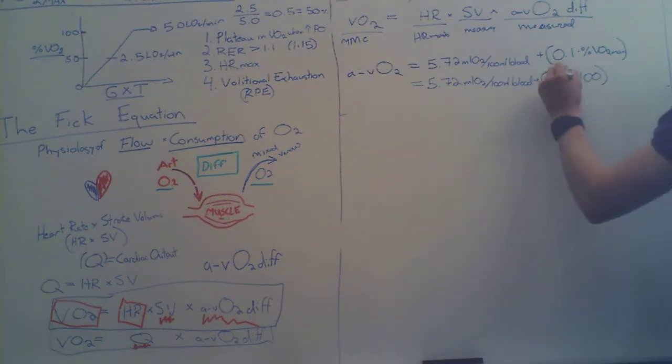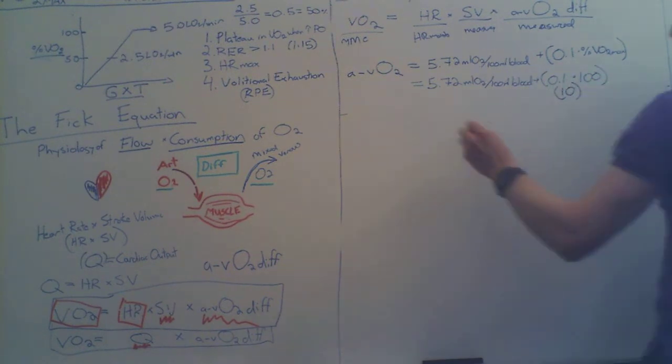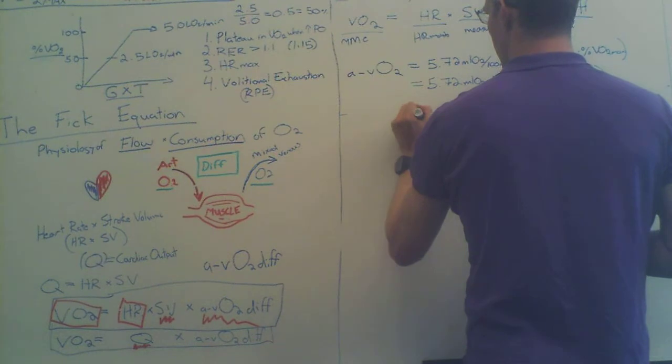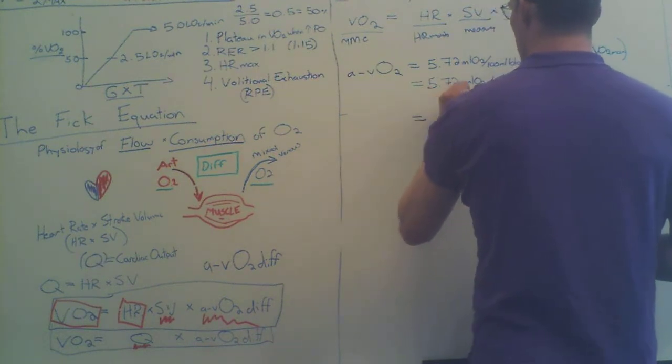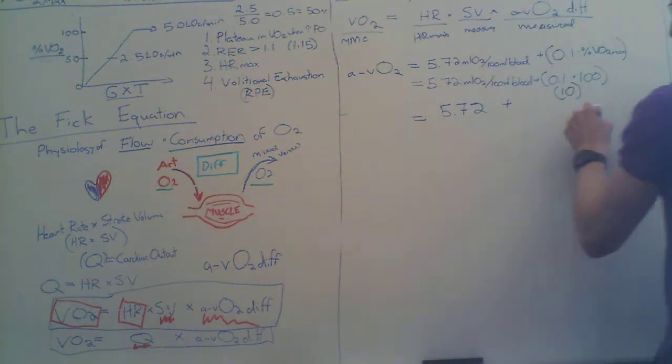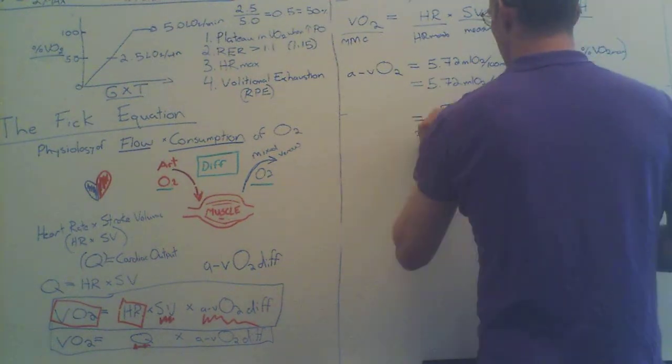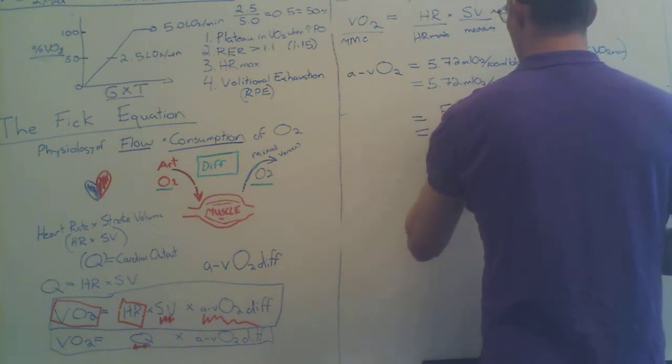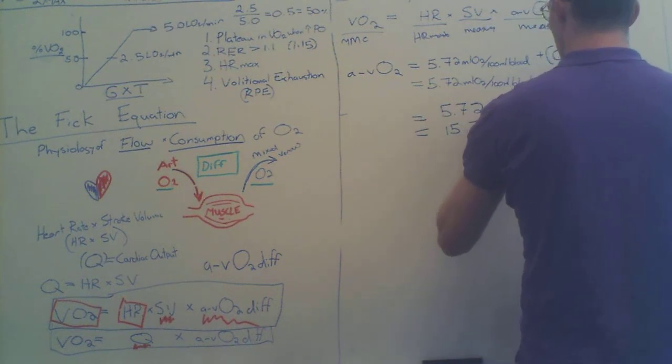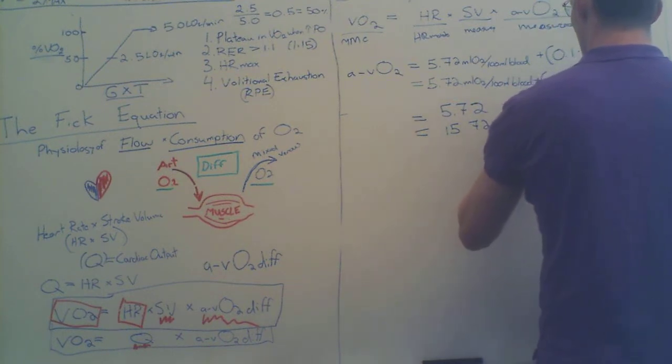Okay, this simplifies to 10. 100 times 0.1 is 10. And we're left with an answer of 5.72 plus 10, which is equal to 15.7 mils of oxygen per 100 mils of blood.